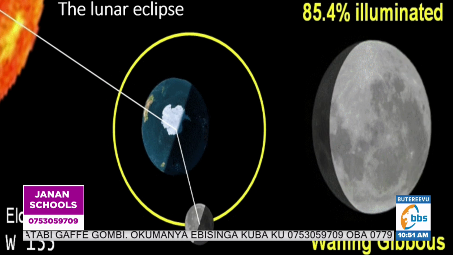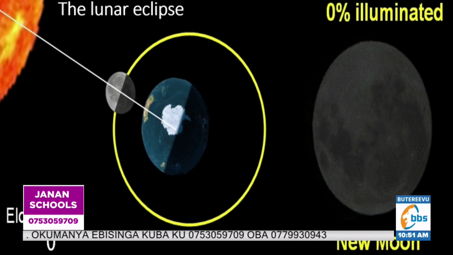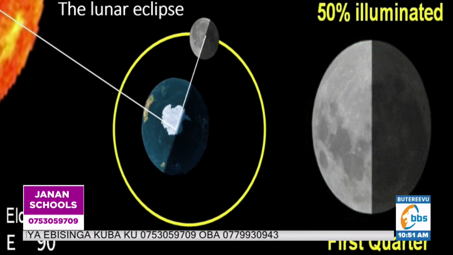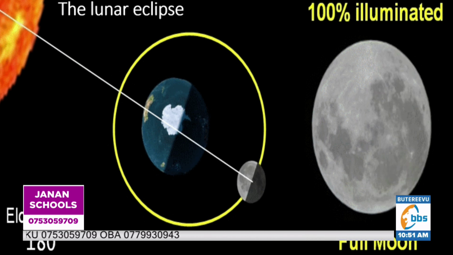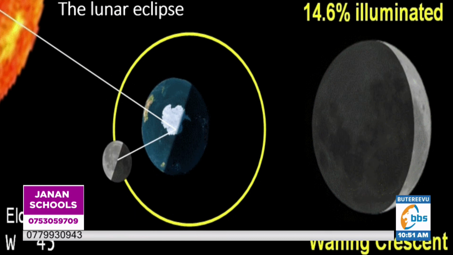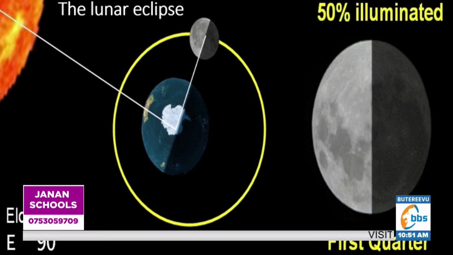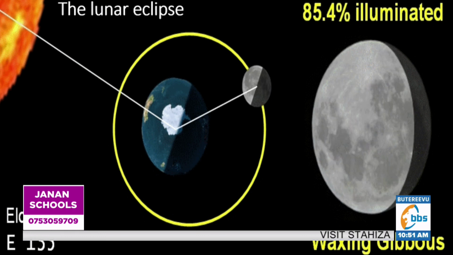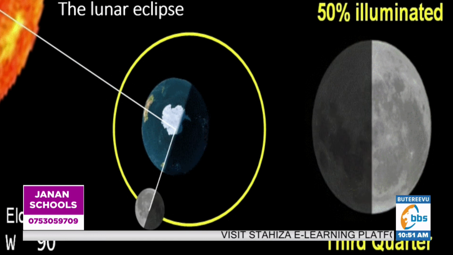We can observe when it is a full moon, and the third quarter. Now, why do we see just a quarter of the moon? Because another part is covered, or taken up by the Earth's shadow. And as it orbits and moves completely to where there is no shadow, then we shall see the full moon.